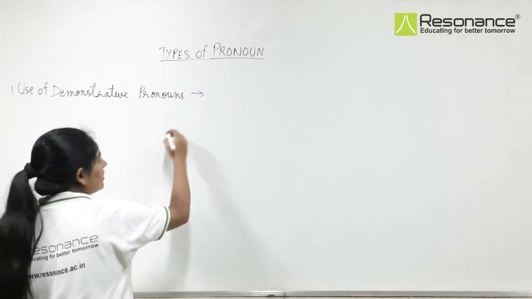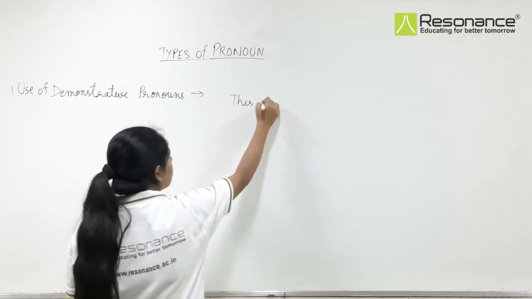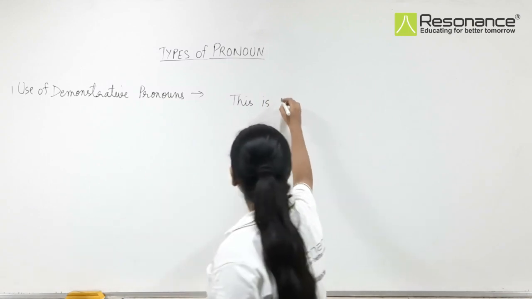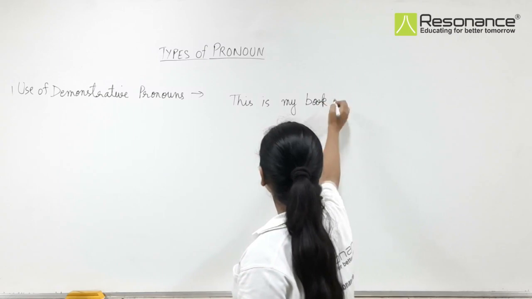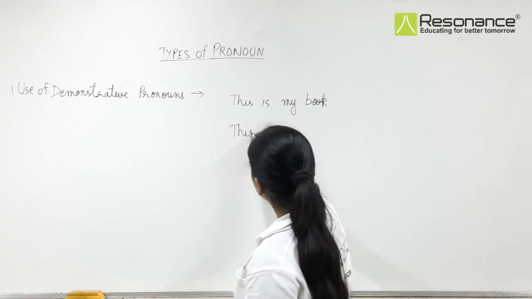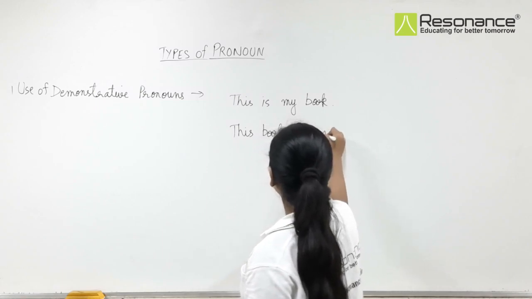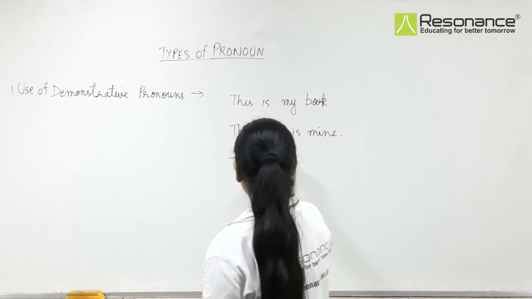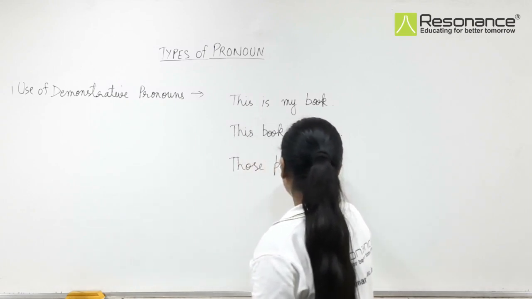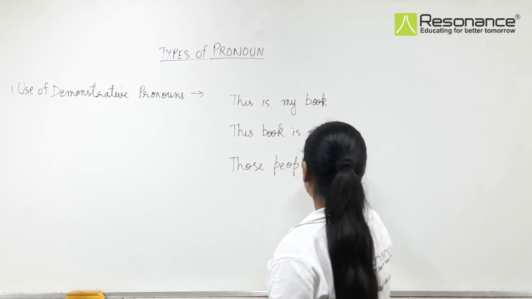Now see, I am writing two sentences. First sentence is, this is my book. This book is mine. Okay, those people are bad.